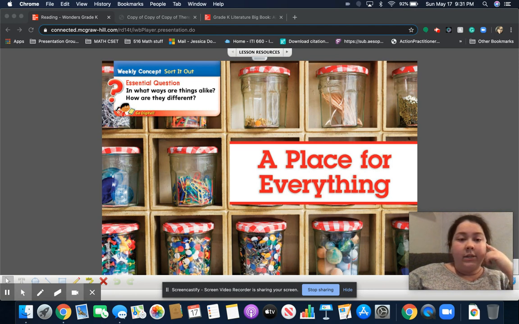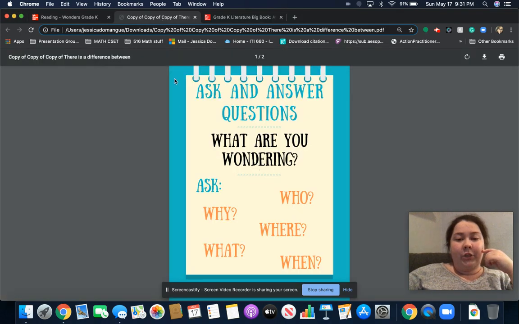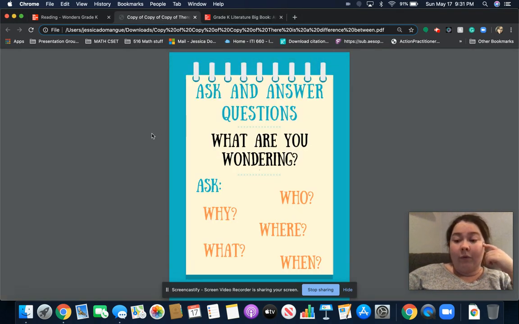Okay? So, our next thing that we get to do today, scholars, is we are going to read a book together, our big book. But what I want to show you first is our anchor chart that is talking about what we're looking for, our strategy in our book today.